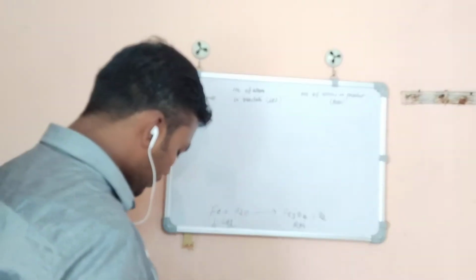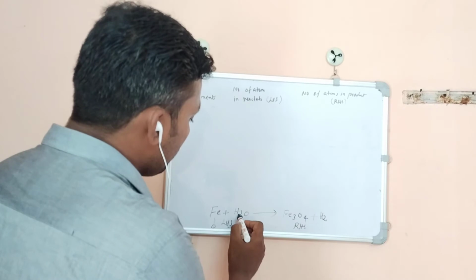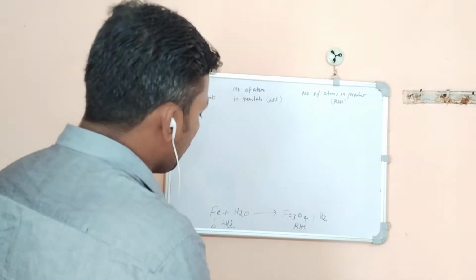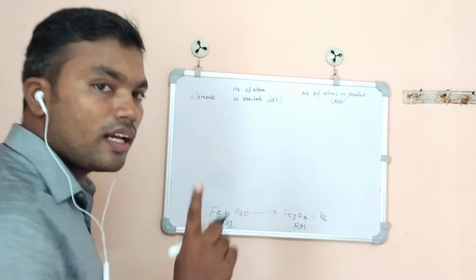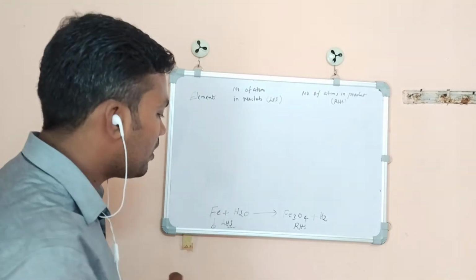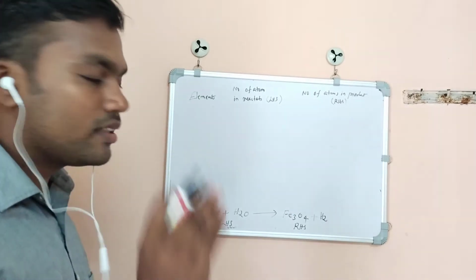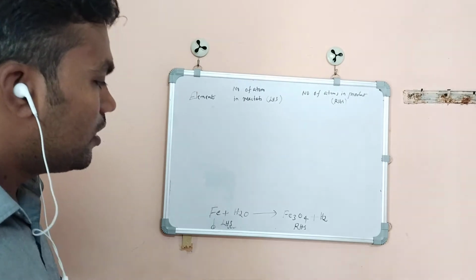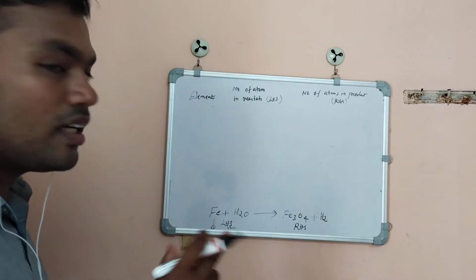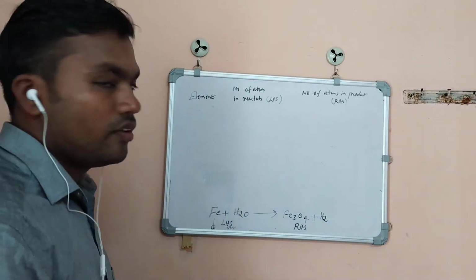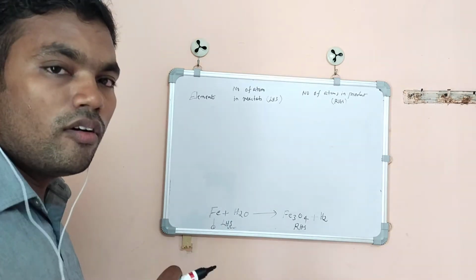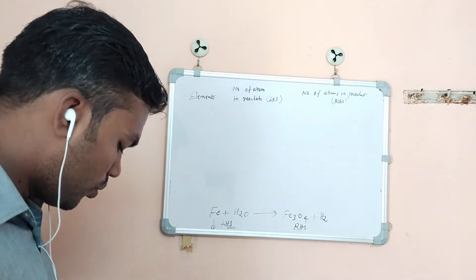Here H2, but oxygen is only 1 oxygen atom in the reactant, but here 4 oxygens are present in the product side. So the total mass is not matching with the reactants. So now we need to balance this equation.